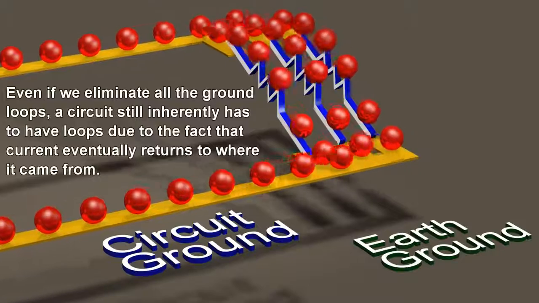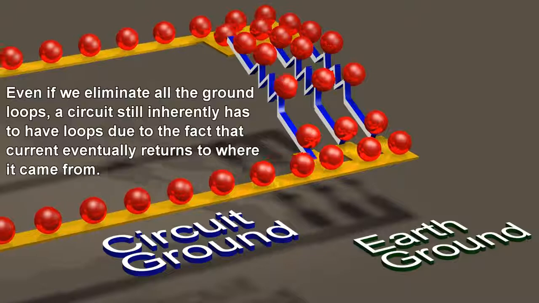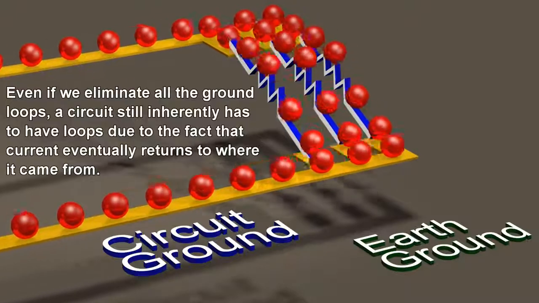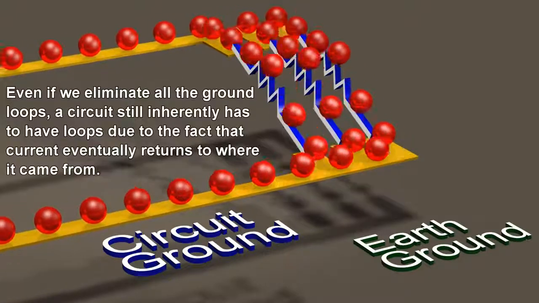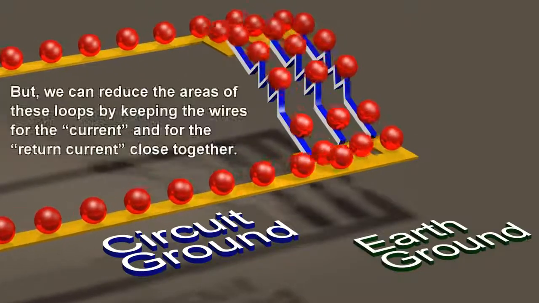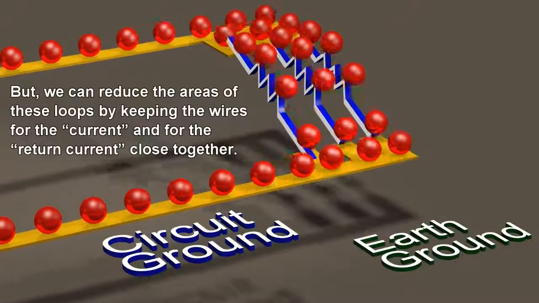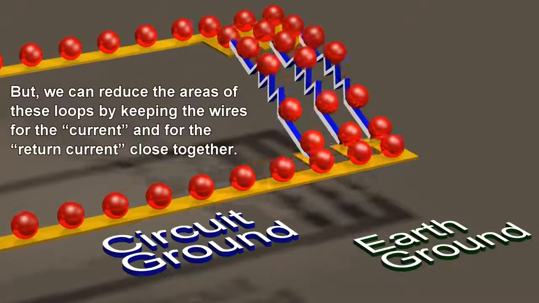Even if we eliminate all the ground loops, a circuit still inherently has to have loops due to the fact that current eventually returns to where it came from. But we can reduce the areas of these loops by keeping the wires for the current and for the return current close together.